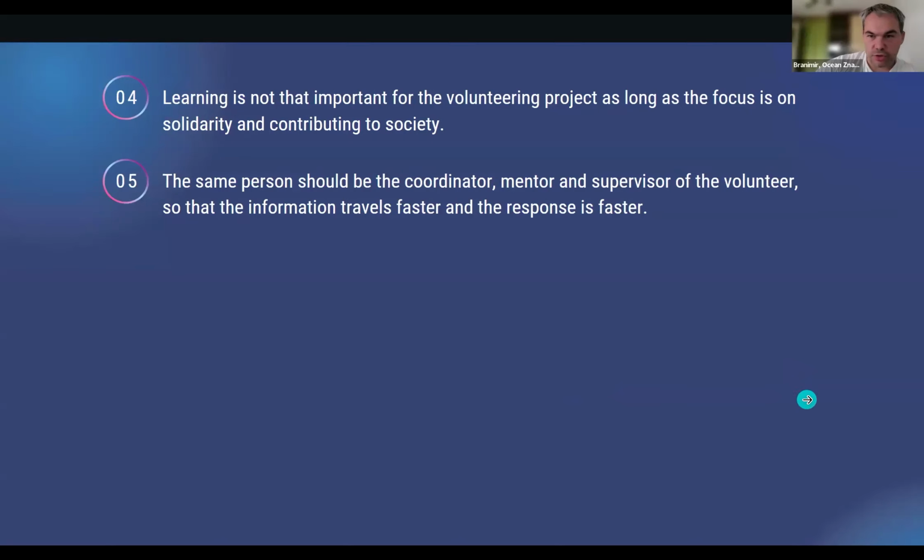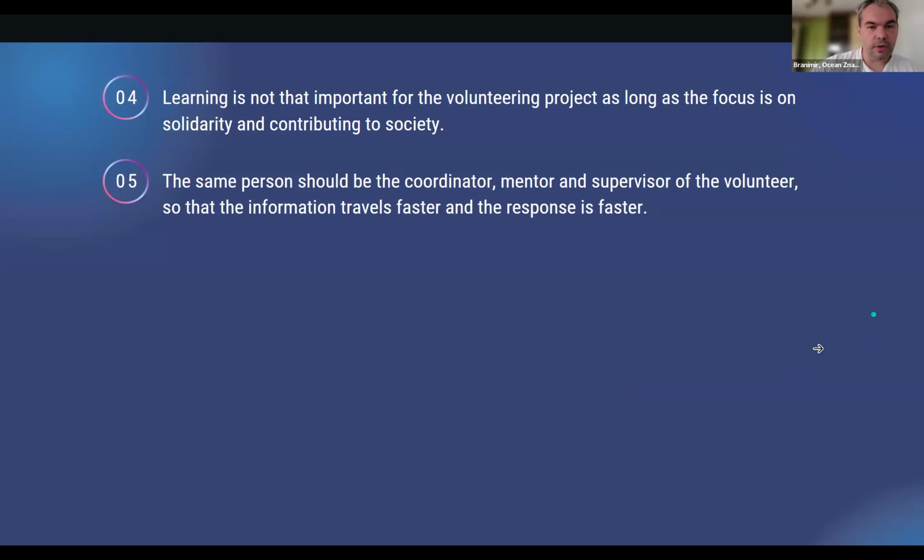Very good. Yes, it's true. It's very difficult to have high quality support if one person is there for everything. This is also challenging for the volunteer, because it is hard to understand when one role stops and another begins, and it gets very confusing sometimes. So it's important to have these roles separated.